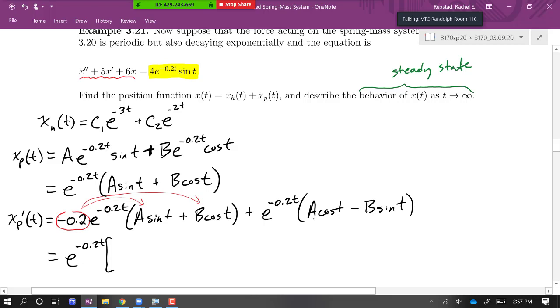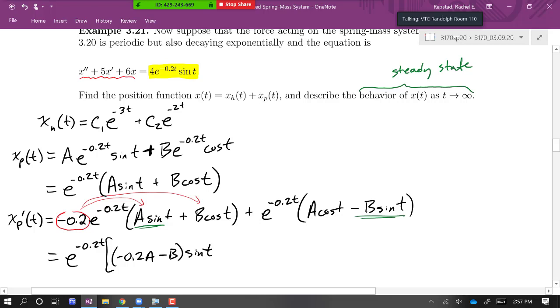But I want to gather my sine terms and my cosine terms. Let's focus on the sine terms first. I've got a negative 0.2a times sine t, and then minus b times sine t over here. So overall, I've got negative 0.2a minus b times sine t.